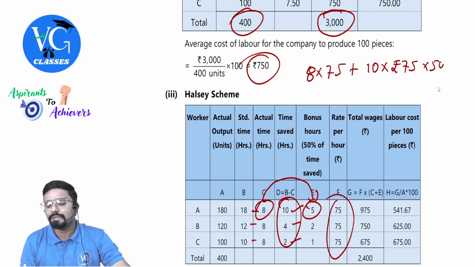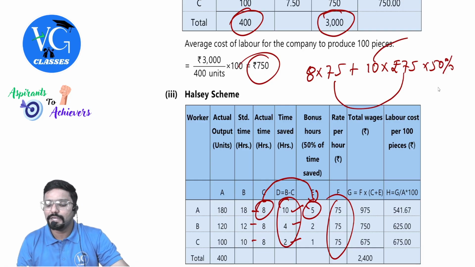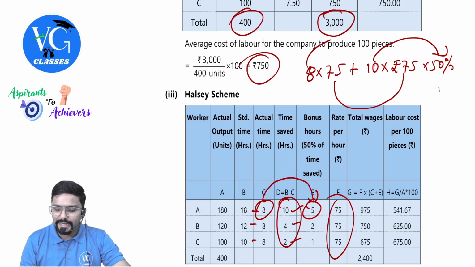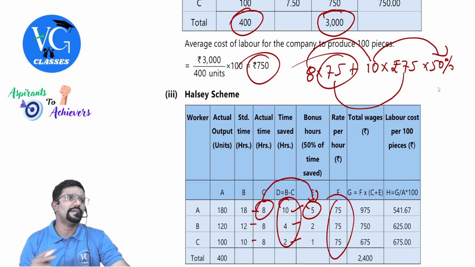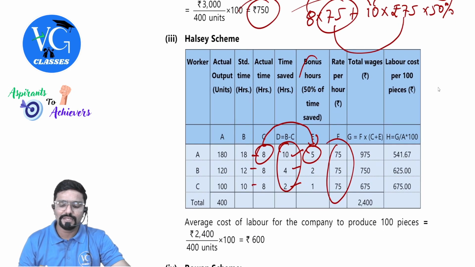We will get only 50% of this as bonus. As 75 is common in both places, they took 50% of 10 hours, which is 5. Now add 8 and 5 into 75. Means they have calculated something called bonus hours.